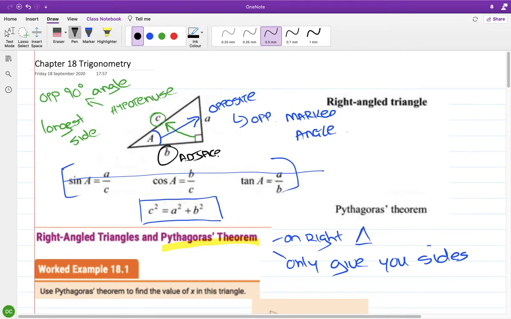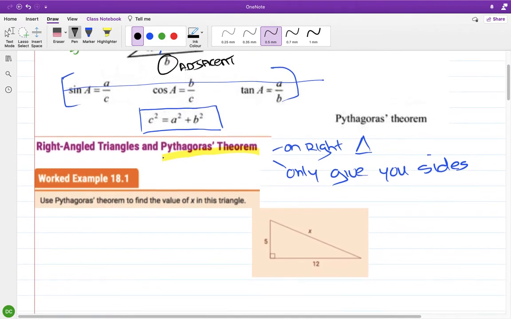You get the adjacent by a process of elimination: you get the hypotenuse first, then the opposite, then the adjacent is the one left out. According to Pythagoras, C squared, the hypotenuse squared, is equal to A squared, the opposite squared, plus B squared, the adjacent squared. So that's Pythagoras.